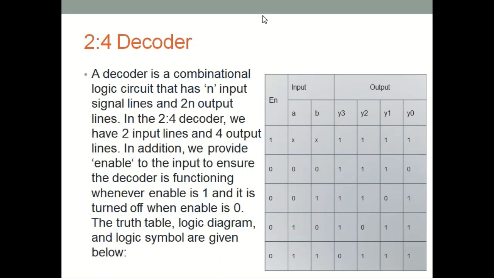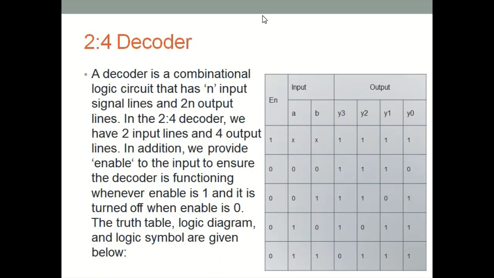Now let us build a 2:4 decoder by using gate level modeling. Before building the 2:4 decoder, we have to know what a 2:4 decoder is. The decoder is a combinational circuit which has n input signals and 2^n output lines.